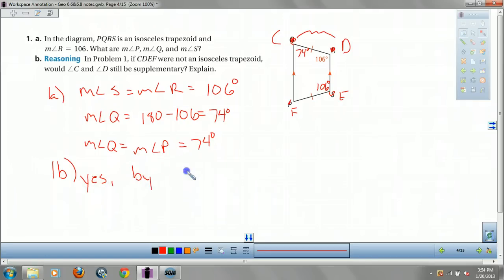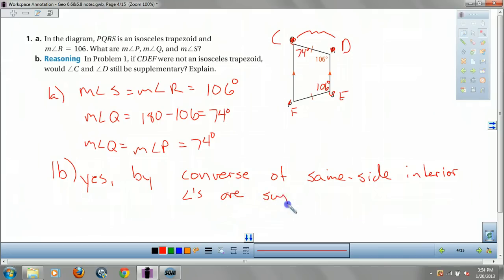By the converse of same side interior angles are supplementary. Okay?